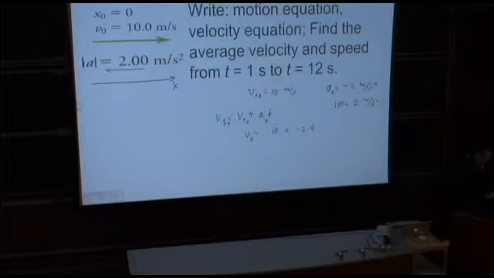And we can write the motion equation. x is equal to x naught plus v naught x times t plus a x times t squared divided by 2, which is 0 plus 10 times t. My plus and my t look alike.